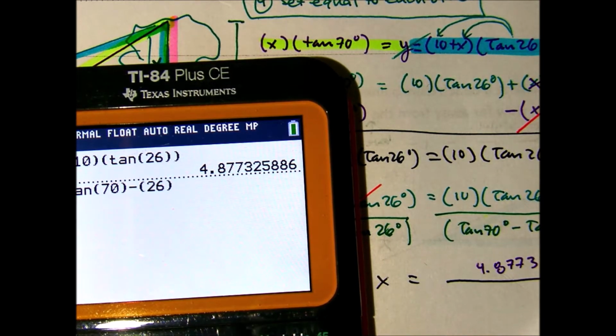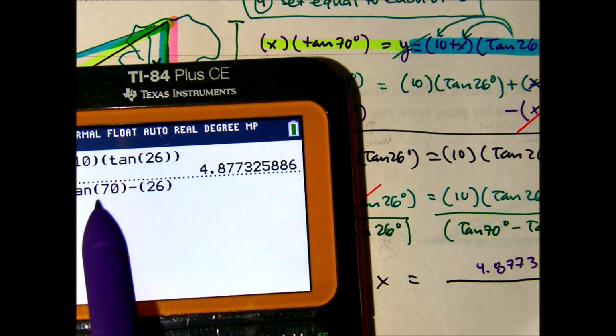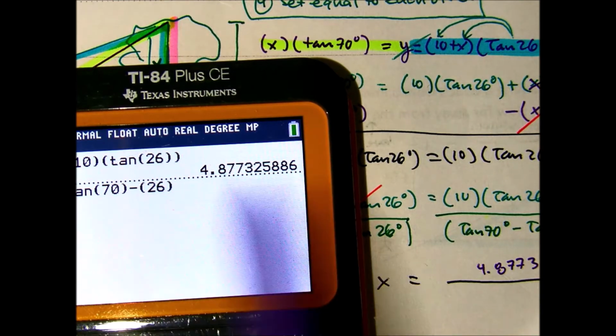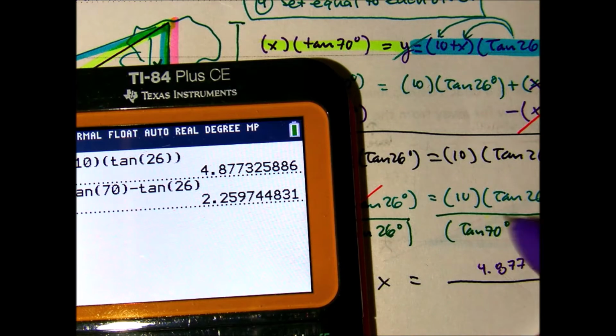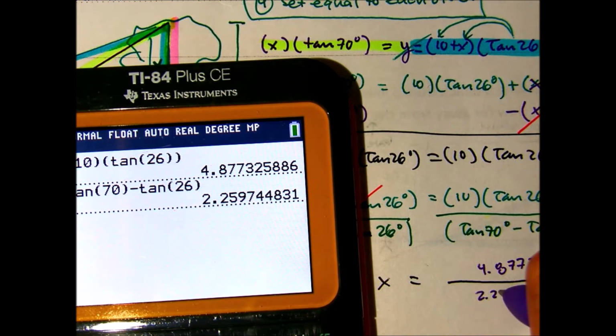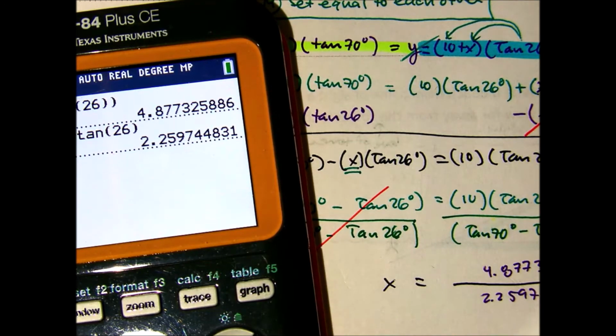Now, notice my mistake here. This is subtracting the two angles. I need to subtract tangent of 70 degrees minus tangent of 26. So tangent of 26 gives me 2.2597. I'm now going to divide those two problems.